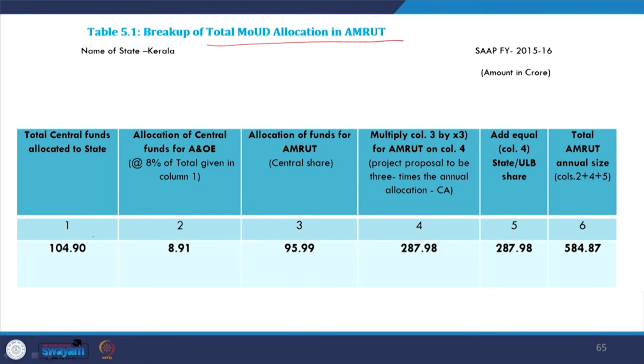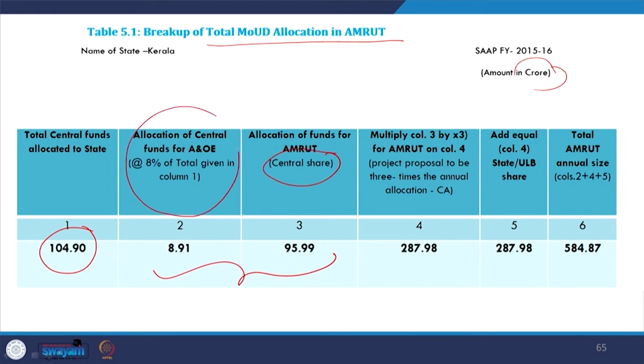The total project is 104 crores, including 95.99, which is the allocation from the central share, plus 8% for administration and operation cost.